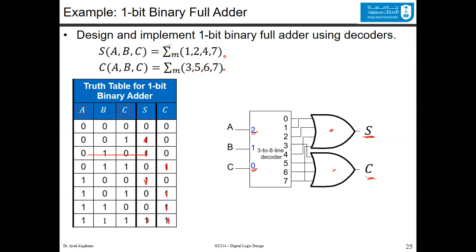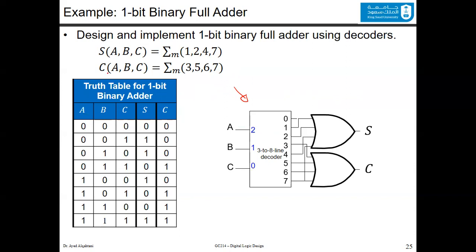For the carry, it was 3, 5, 6, and 7. So you get 3, 5, 6, and 7. You can see how easy this is, to the point that you could construct the 1-bit binary full adder with the 3 to 8 line decoder directly from the functions.